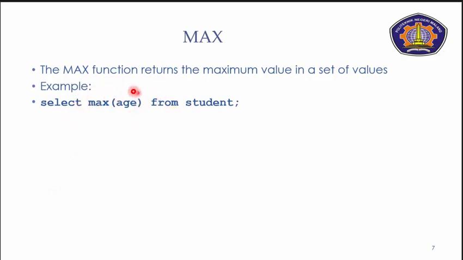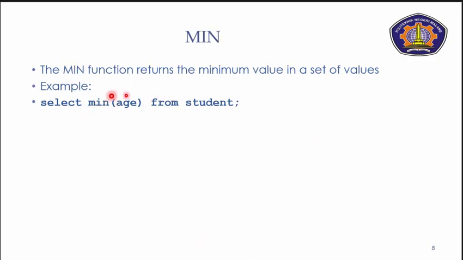We can use max like this. And the other one is minimum. It returns the minimum value in the set of values, so it gives the reverse result from maximum. The statement format is select, minimum, then the attribute name, from, and then the table name.